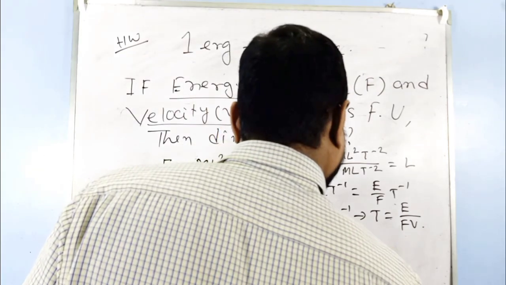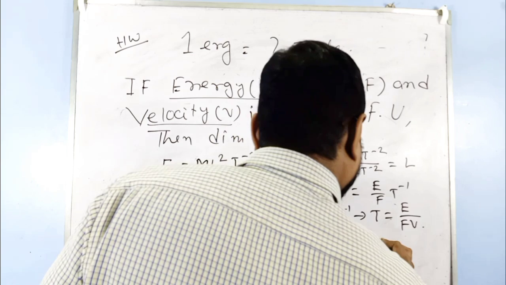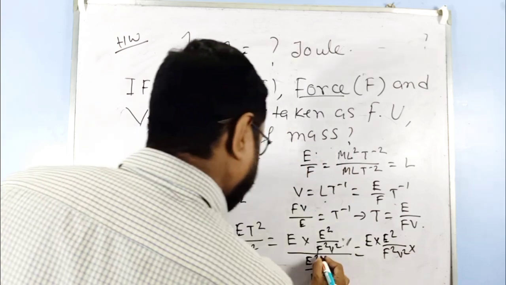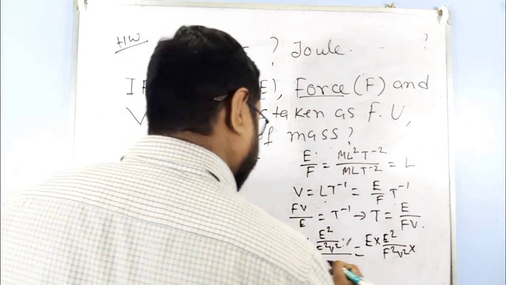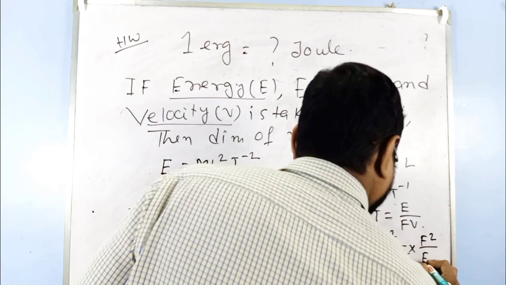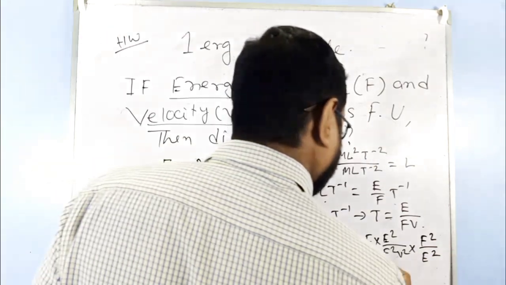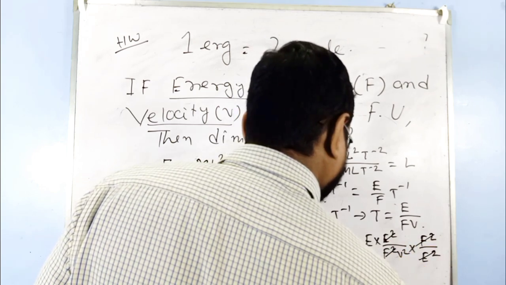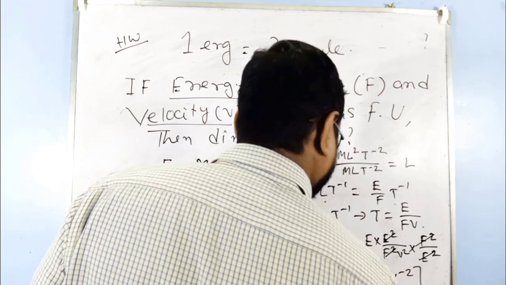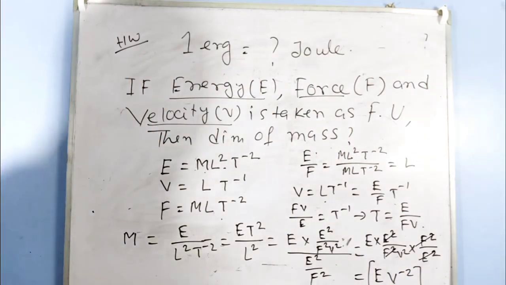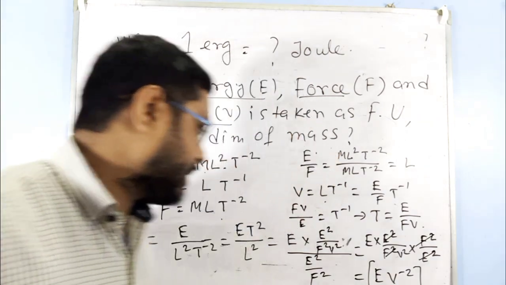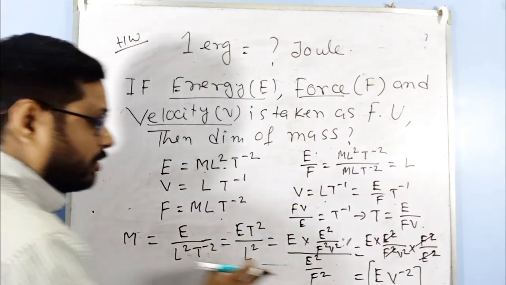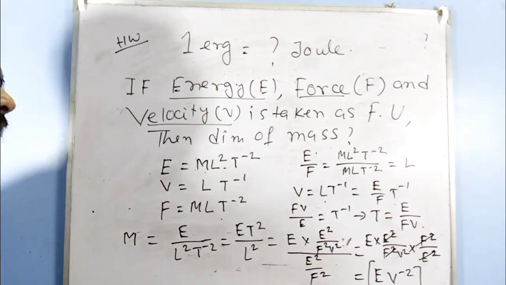So we get E into E² by F²V², and this term is inverted, that is multiplied by F² by E². So E² cancels out, F² cancels out, and we get E by V², that is EV⁻². The same result that we obtained from the half mv² formula. This is the exact way of dimensional analysis: if energy, velocity and force are the fundamental quantities, then the dimension of mass will be EV⁻².